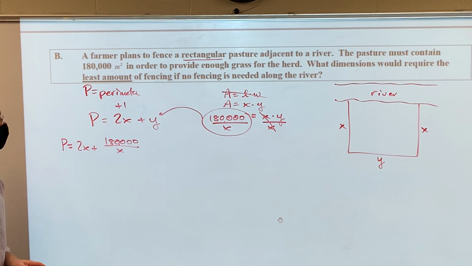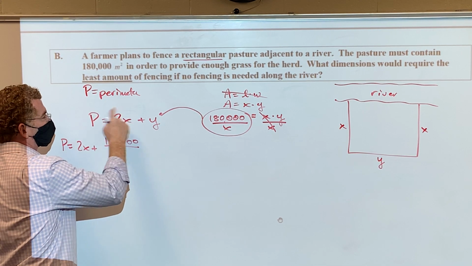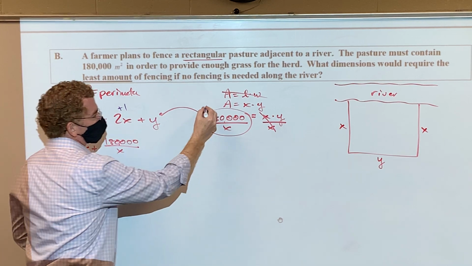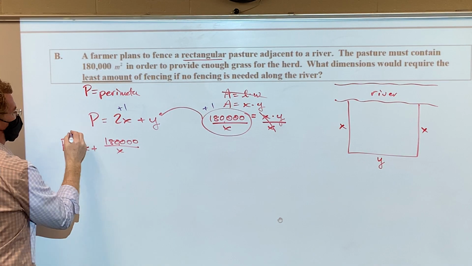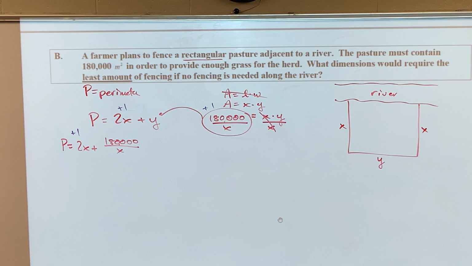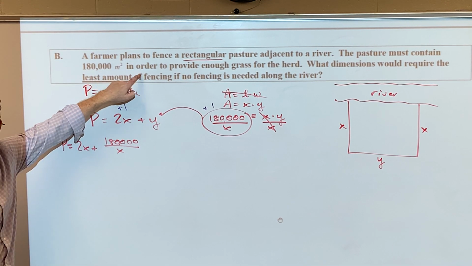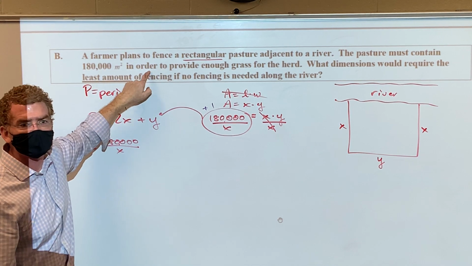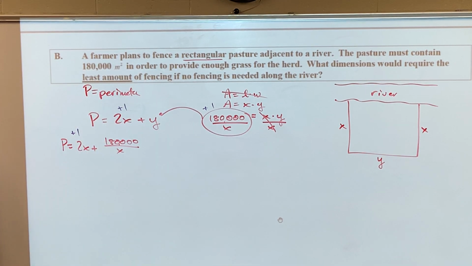So you so far have gotten a point for the primary equation, a point for the secondary, a point for a good substitution. So you might have up to 3 points at this point. Maybe 2, but whatever. Now, what do I want to do now? I want to take the derivative because I want the least amount, and least amounts occur at critical numbers, where mins or maxes occur. So I'm going to take the derivative of that.